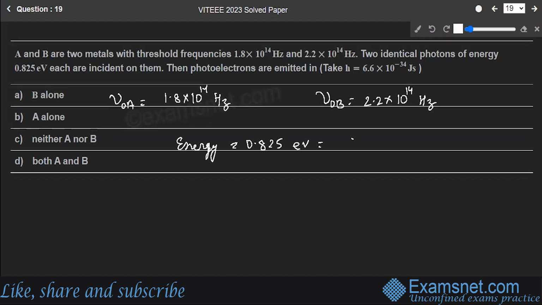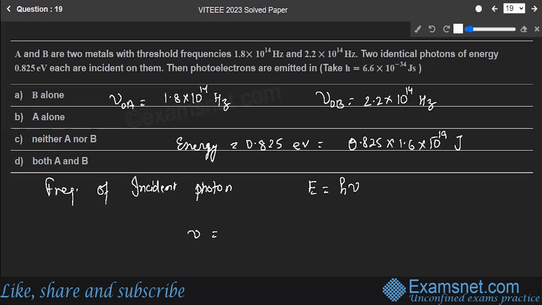electron volt converted. So this is 0.825 into 1.6 into 10 raised to power minus 19 joules. There's the energy also, frequency of incident photon is given by E is equal to h nu, or nu is equal to E upon h. E is 0.825 into 1.6 into 10 raised to power minus 19 divided by h.